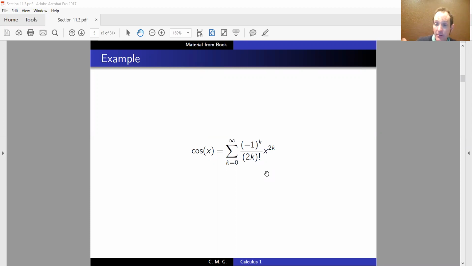All right, then we need to ask, where does this converge? Well, now I go through what I did in the last section, right? I find it using the ratio test.